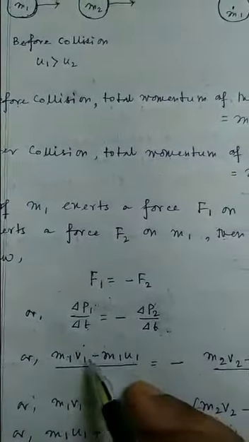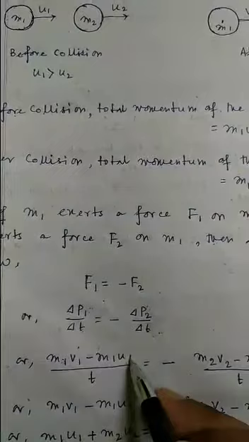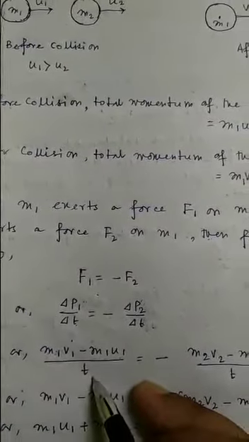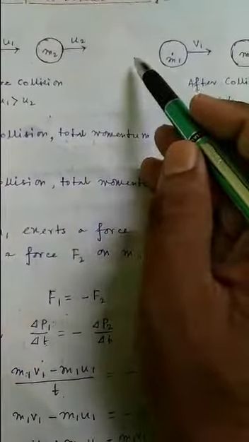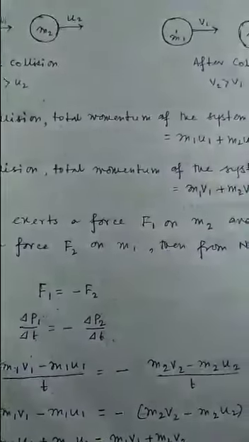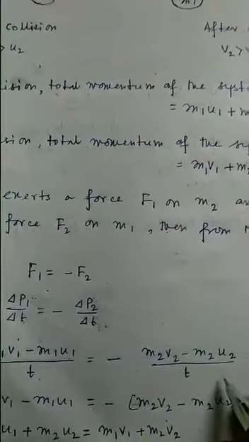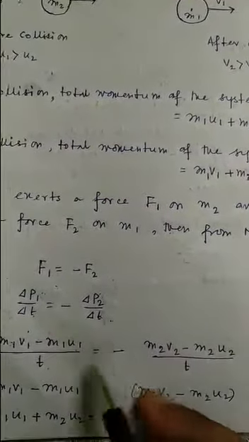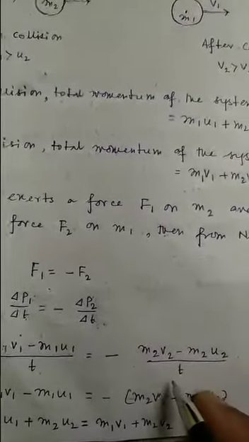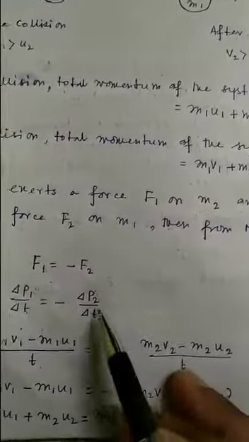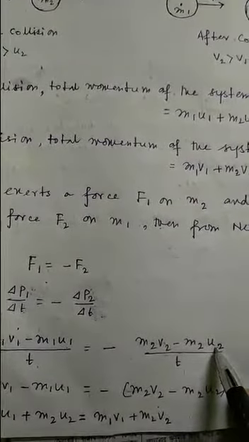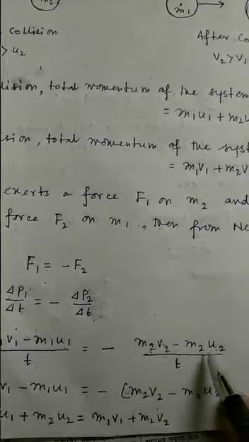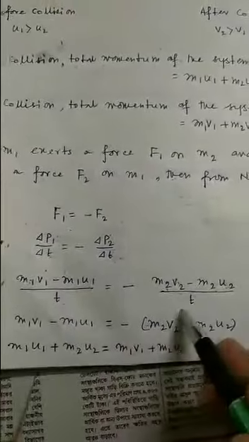So here m1v1 minus m1u1 by T. T is the time of contact of these two bodies during collision, that is, the time duration in which the forces act on each other. Is that clear? Similarly, we can write the change in momentum of body 2, that is m2v2 minus m2u2. Clear? This T cancels out.